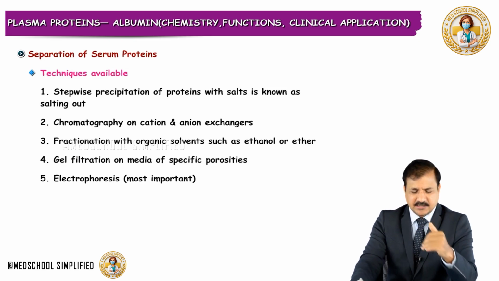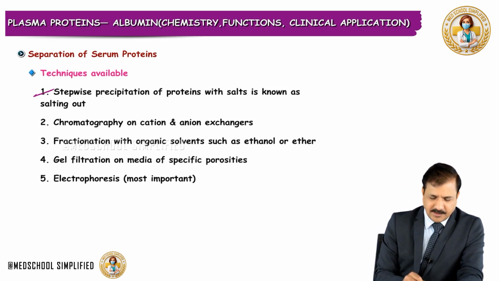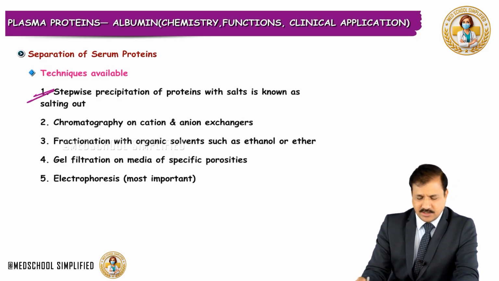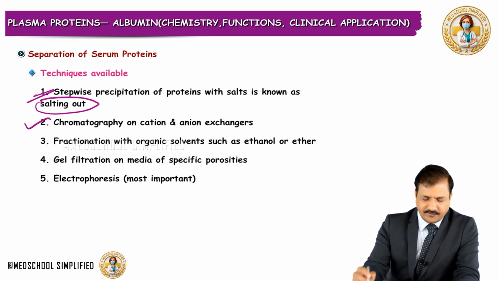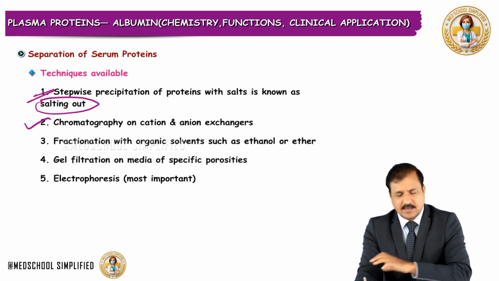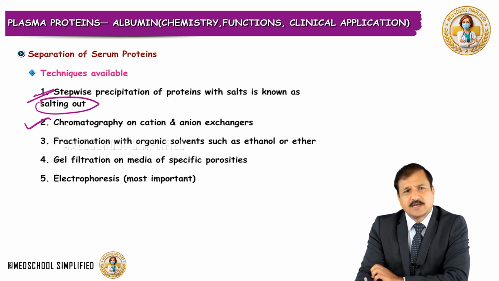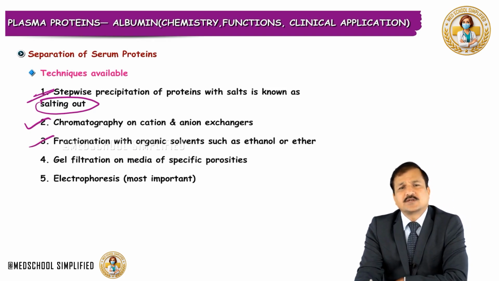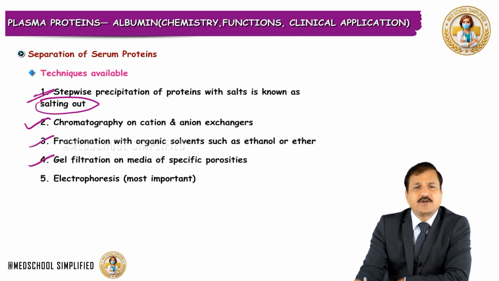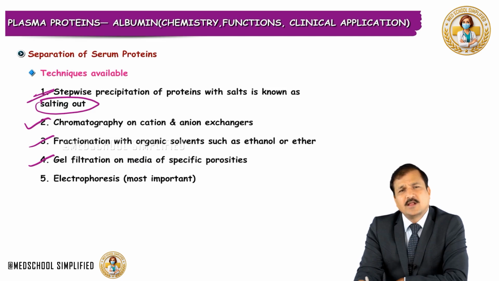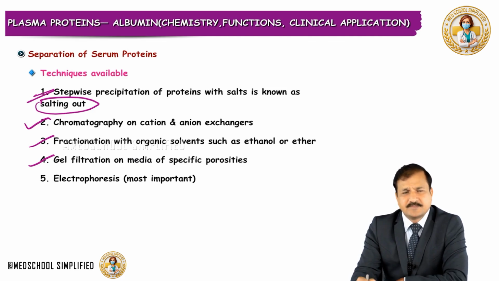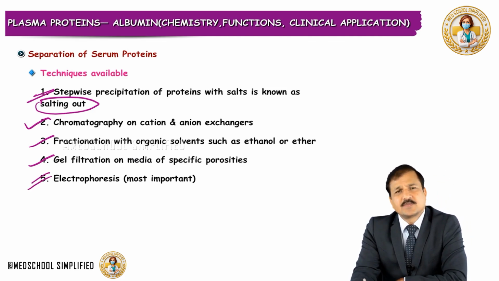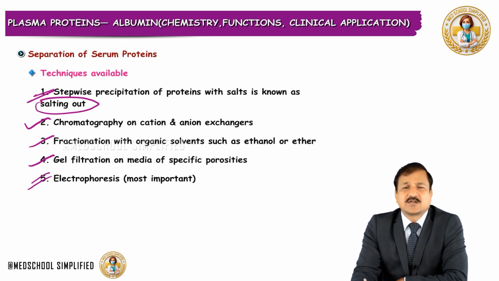Some of the techniques that are commonly used are stepwise precipitation of proteins with salt, known as the salting out technique, or chromatography, which can use cation and anion exchangers, or fractionation with organic solvents like ethanol or ether, or gel filtration on media with specific porosities, which separates proteins based on size, or electrophoresis, which separates proteins based on size and also charge.